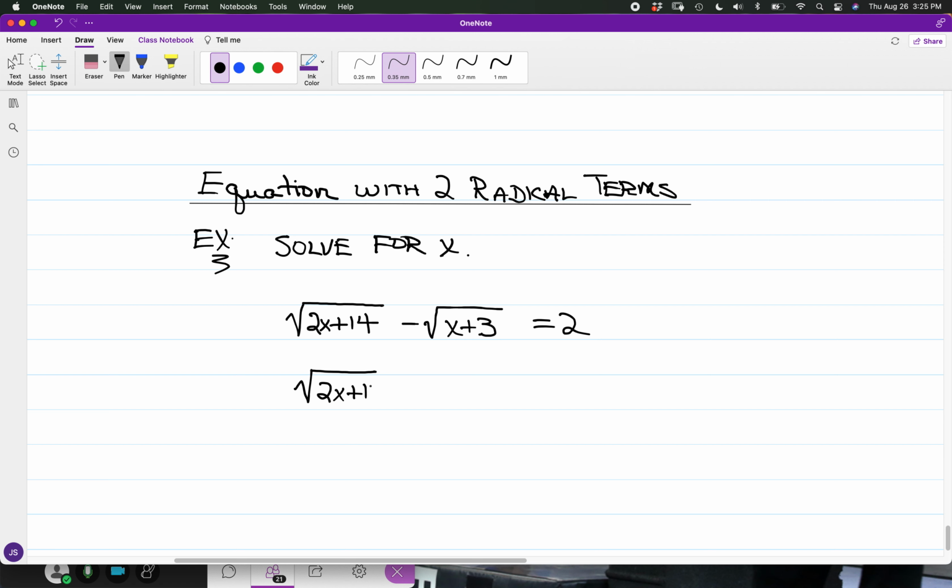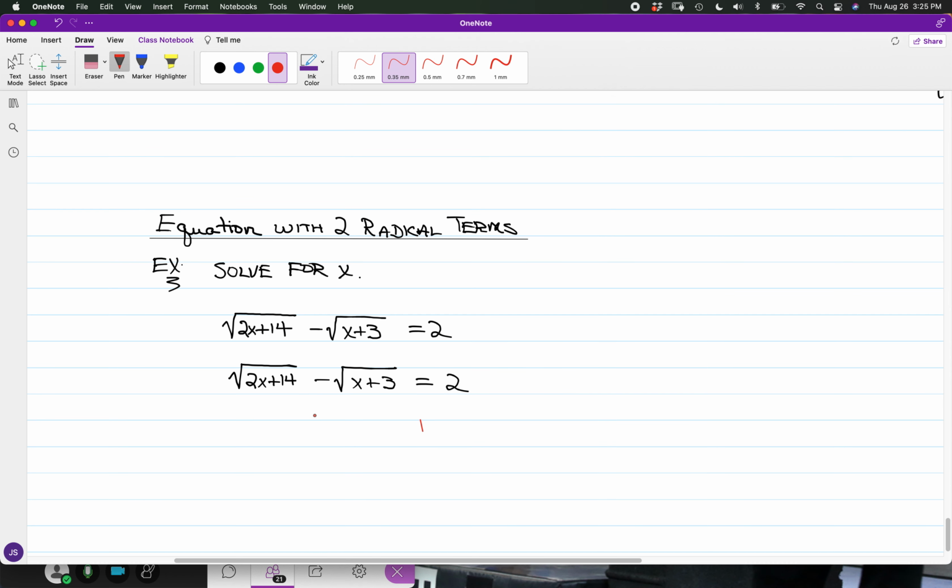If I'm looking at setting the stage to solve for x, what I'm going to do here is isolate one of these radical terms. Your author would say something like isolate the more complex radical term. Not that one is necessarily more complex than the other, but in this case this is to be interpreted as the first term since it has at least a higher coefficient in x. So I can isolate the square root of 2x plus 14 upon adding the square root of x plus 3.